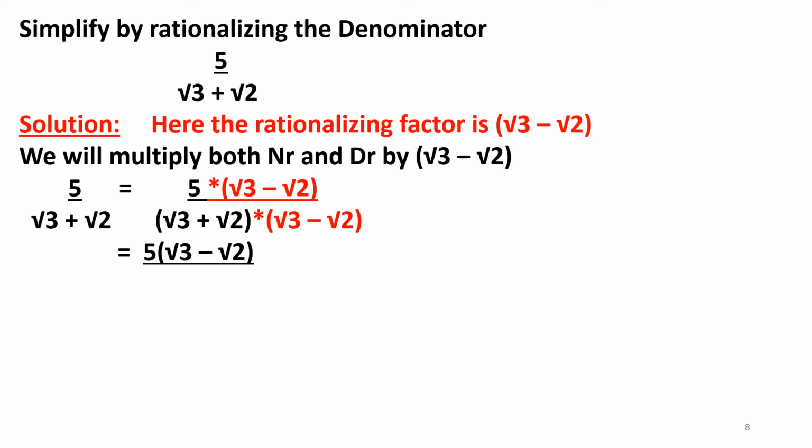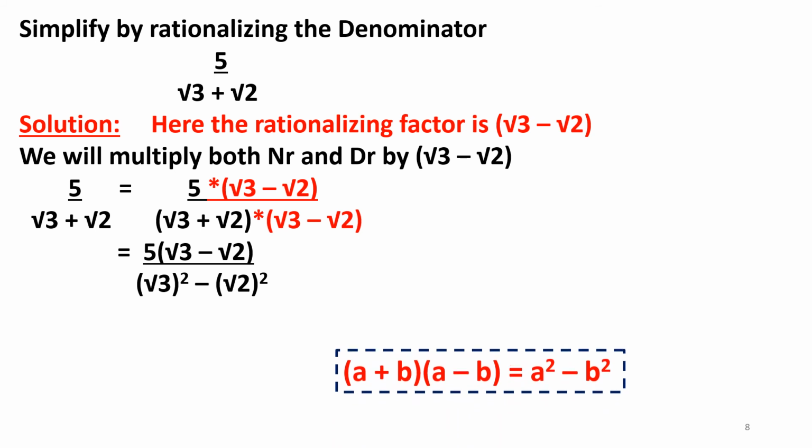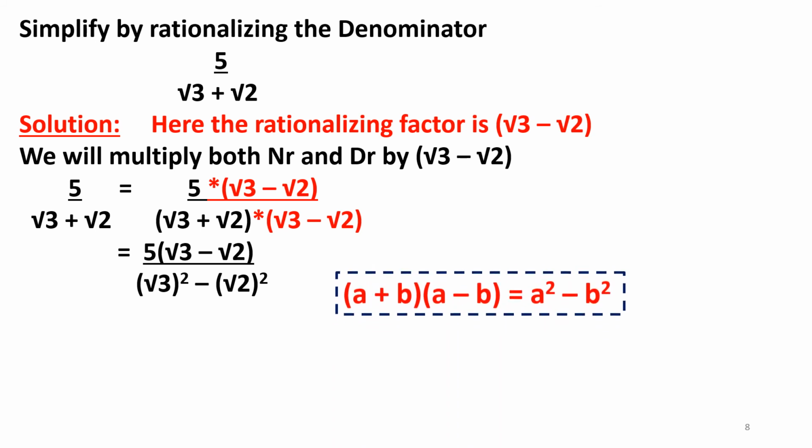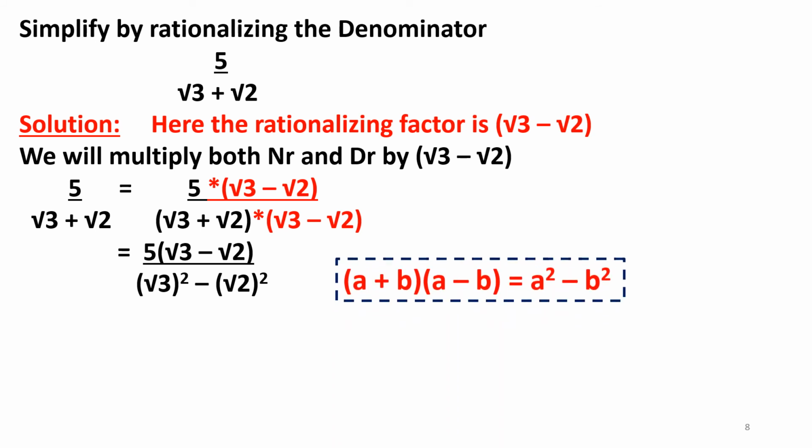Both are equal, one bracket has plus, another one minus. So this becomes a square minus b square. A plus b into a minus b is a square minus b square. Here comes the formula.